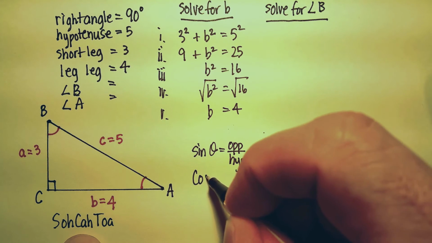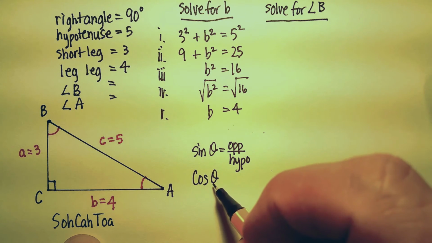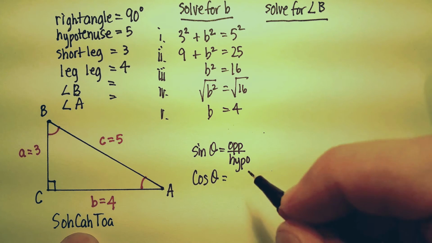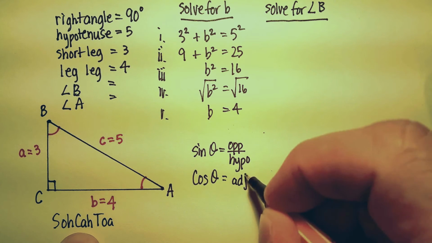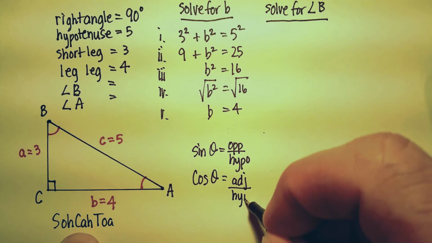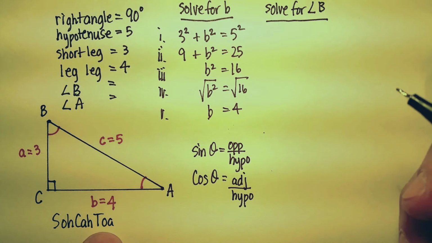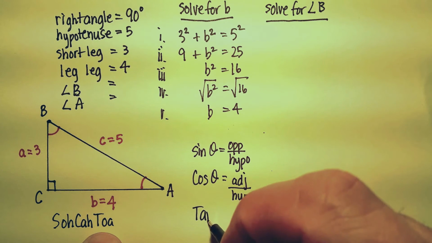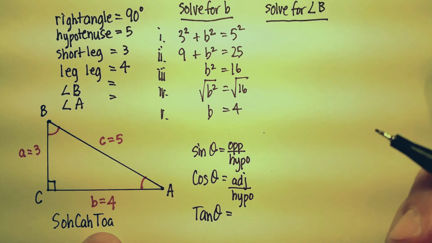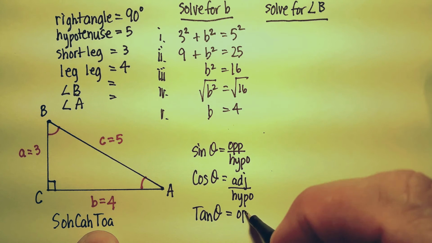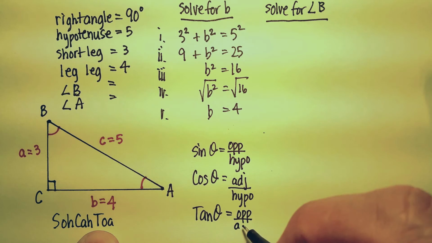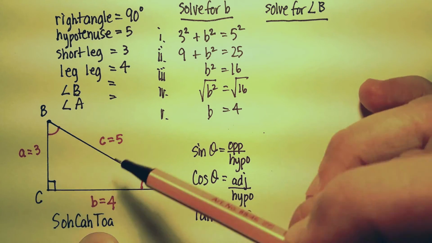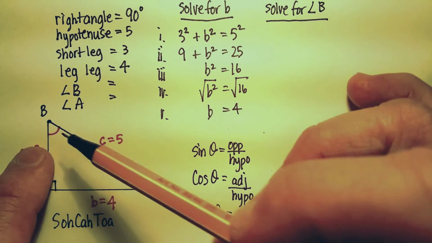Cosine theta, again, that just means any unknown angle, is equal to the adjacent side over the hypotenuse. And finally, I know that the tangent theta of any angle is equal to the opposite side over the adjacent side.